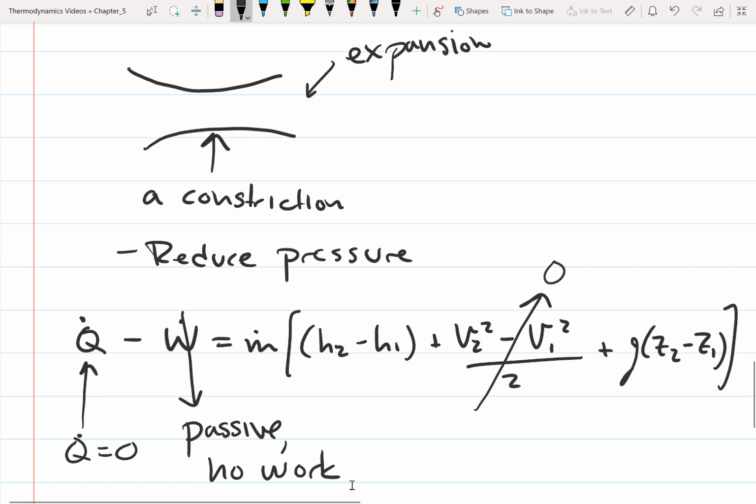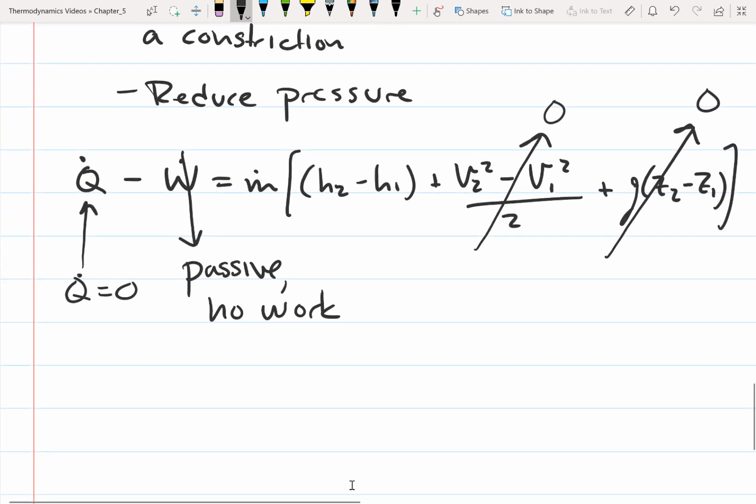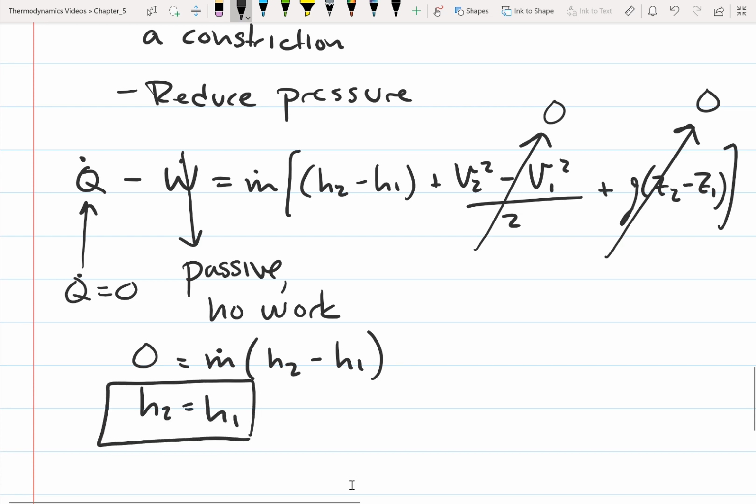And there's often not a large elevation change, so this term is often 0 as well. So basically we're left with 0 is equal to m dot (H2 minus H1). So basically we get that H2 is equal to H1 for a throttling device.